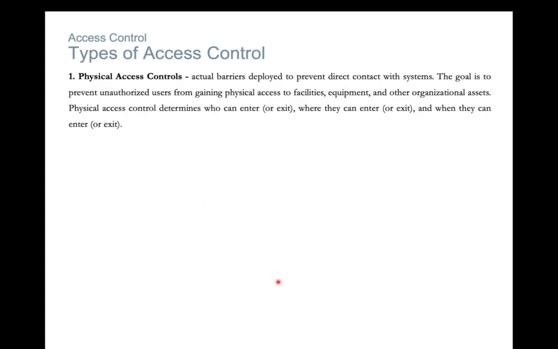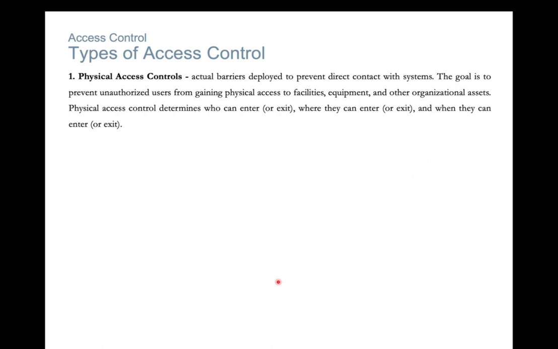The first one is the physical access control. Physical access controls are the actual barriers deployed to prevent direct contact with systems. The goal is to prevent unauthorized users from gaining physical access to the facilities, endpoints, and other organization assets.